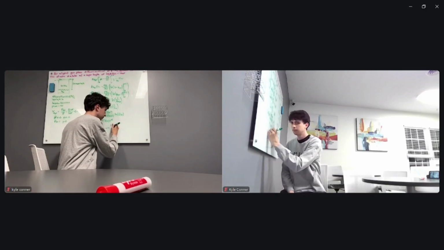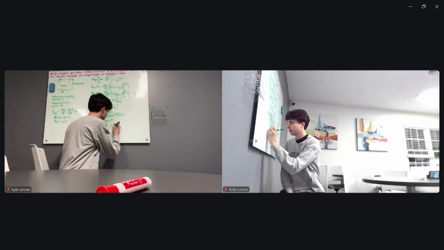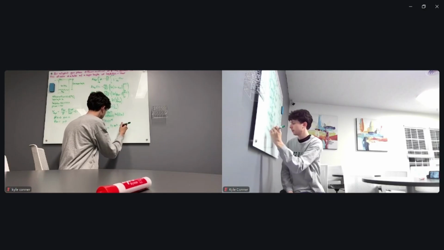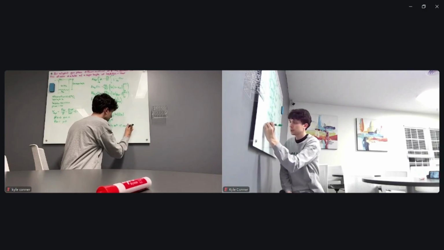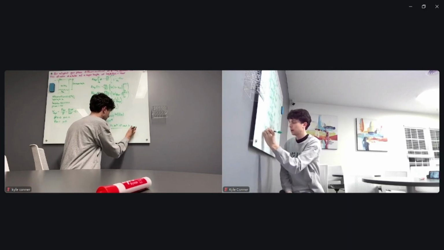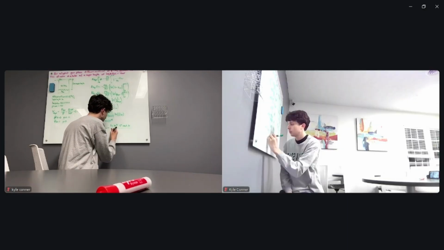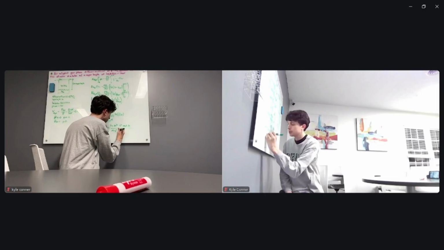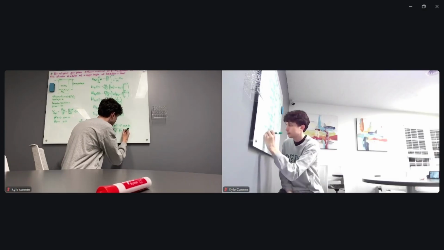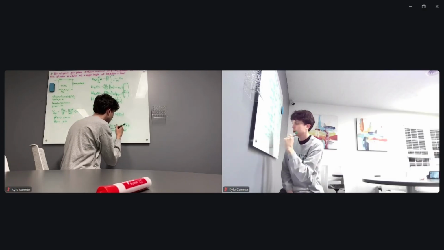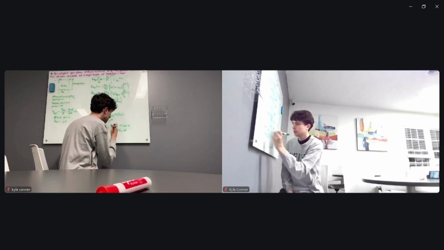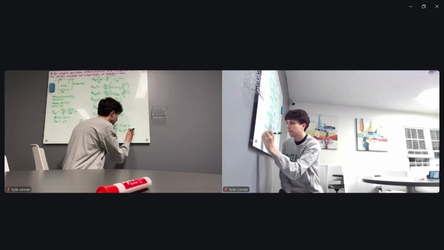Which will get us kilogram times meter squared times second squared times mole times Kelvin. Now on the bottom, we have meter times second squared times kilogram squared times meters cubed times Kelvin.